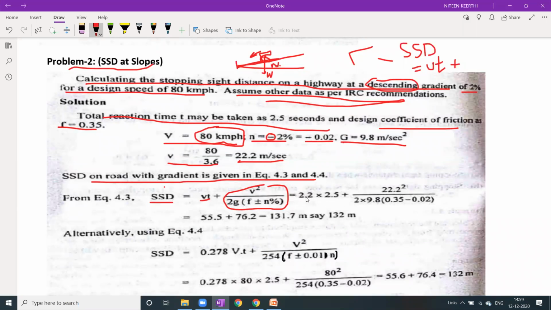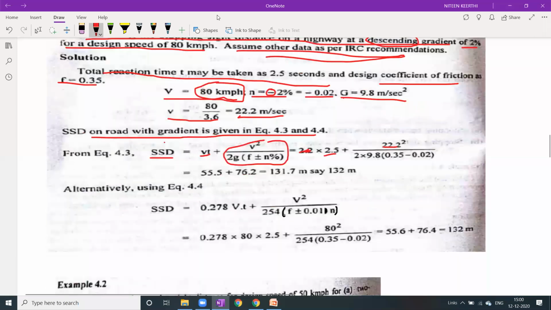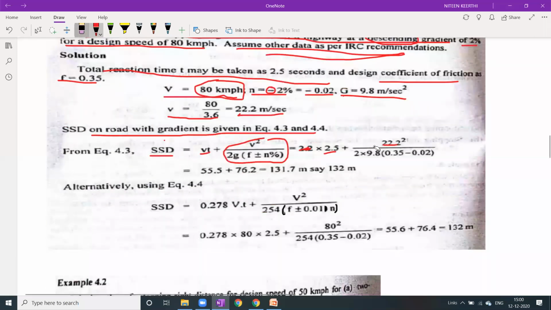V is 22.2, don't get confused: 22.2 meter per second into 2.5 seconds, plus 22.2 whole square divided by 2 into 9.81, which is g, into (0.35 minus 0.02), where minus 0.02 is the gradient value.